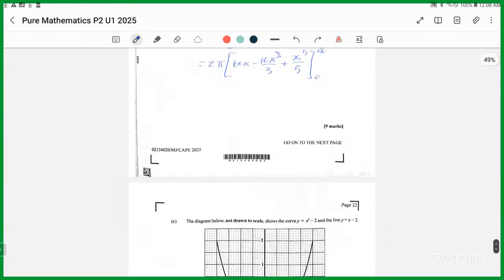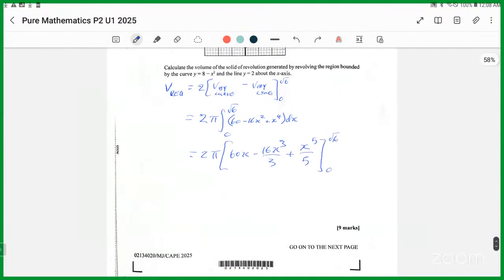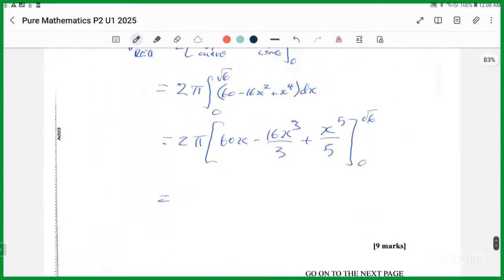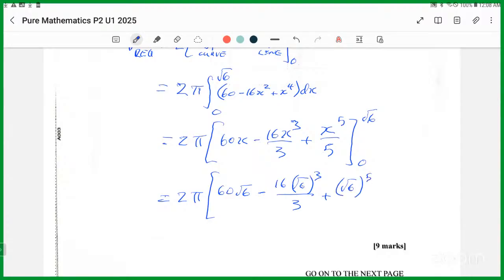Putting the values in, this equals 2 pi times 60 root 6 minus 16 root 6 cubed over 3 plus root 6 to the 5th over 5. I'm going to subtract 0, because when I plug 0 in everywhere, I get 0.